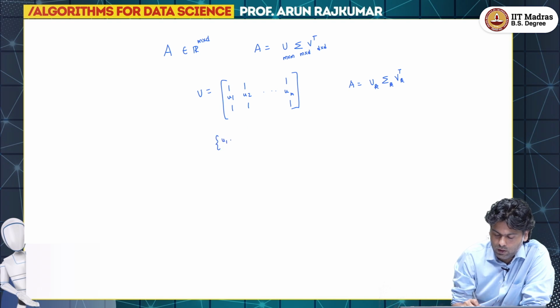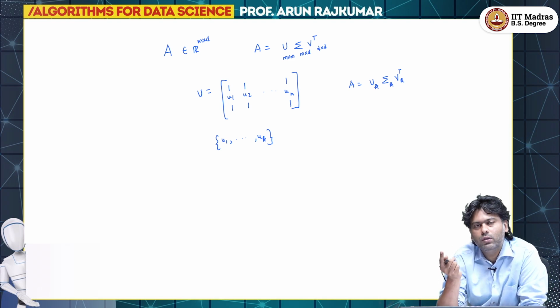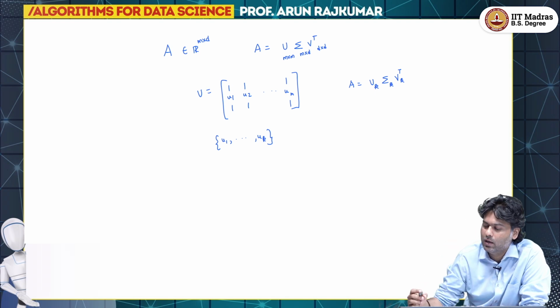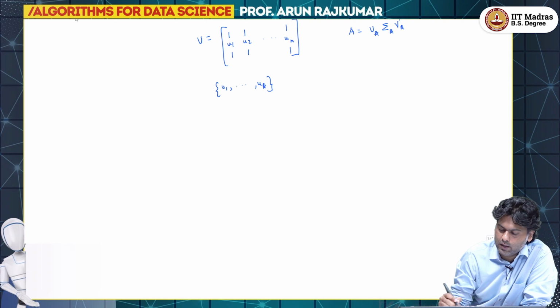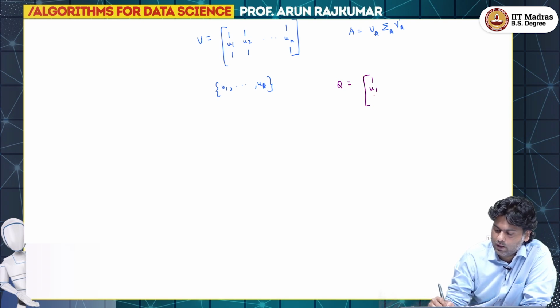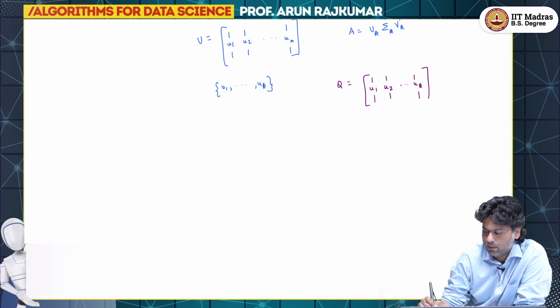So we want U1 to Uk, and if we have that, then we saw how we can use those vectors to make SVD faster. Just to remind ourselves, what we did was we created this matrix Q, which had just exactly that, the top k left singular vectors of A, which is this.